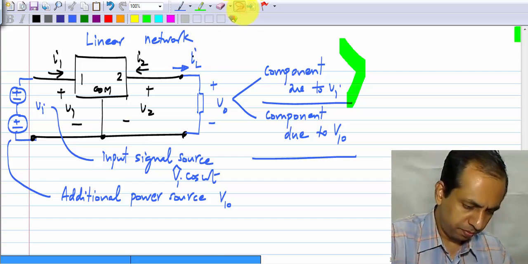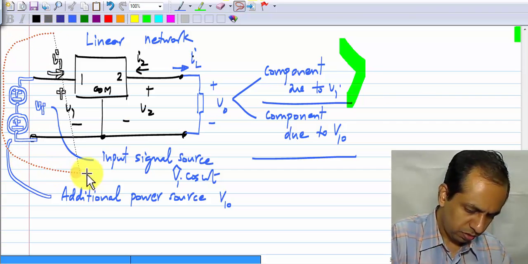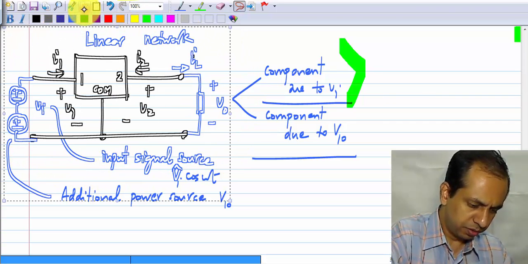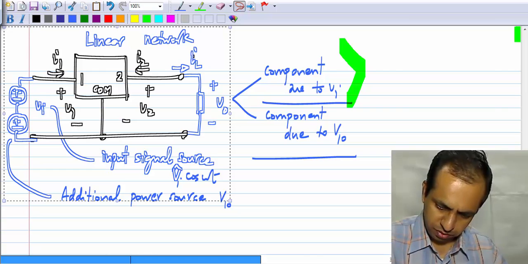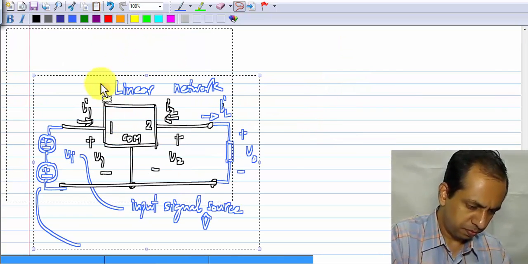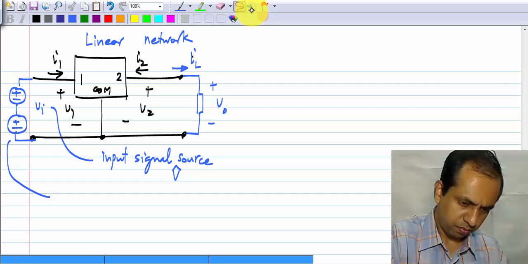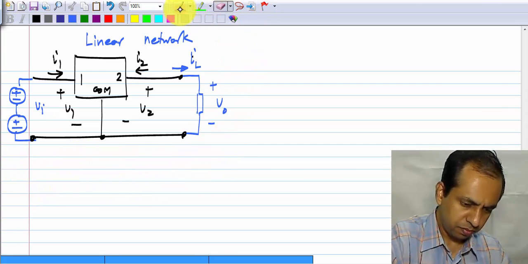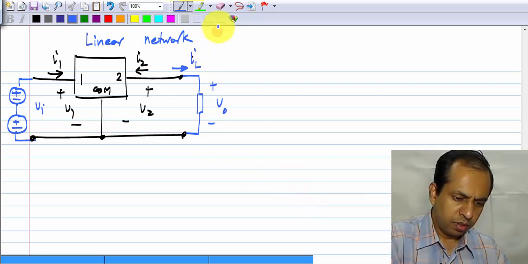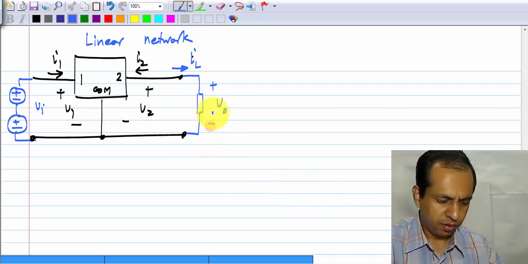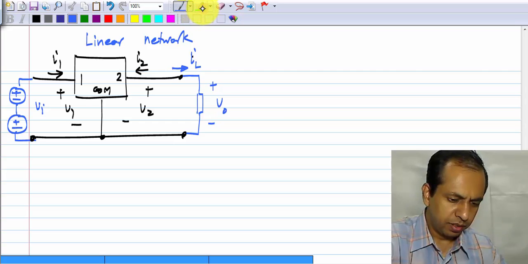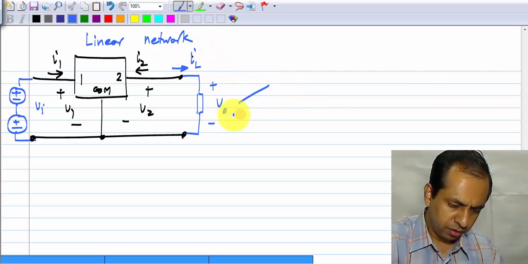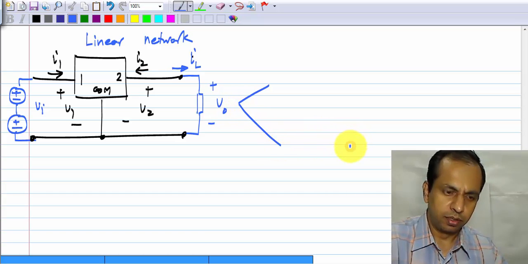Okay. What does it mean? Let me copy this over. It means that the solution to this can be obtained by superposition.